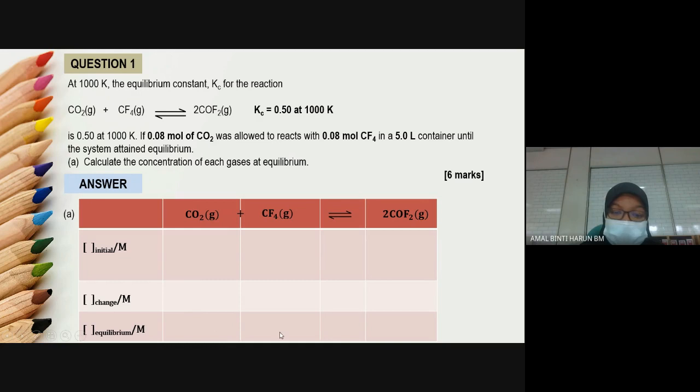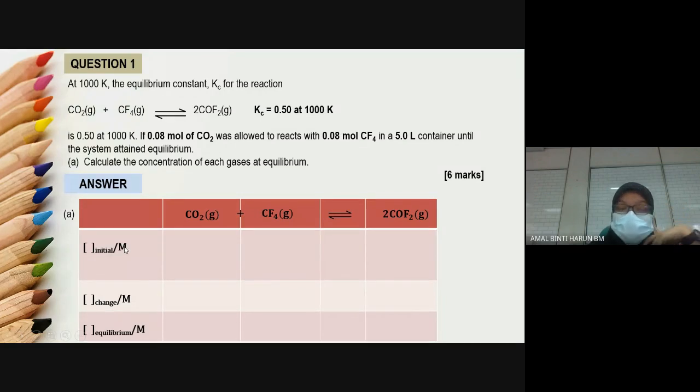So what we want to find at equilibrium, either molarity or pressure, we need to construct an ICE table. So first the initial concentration.